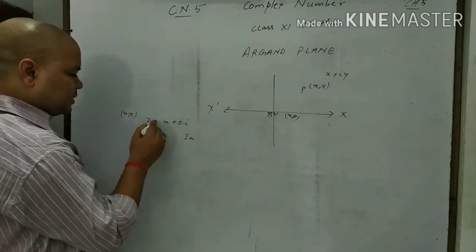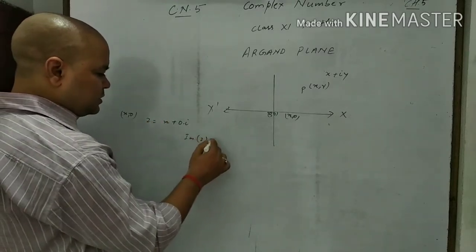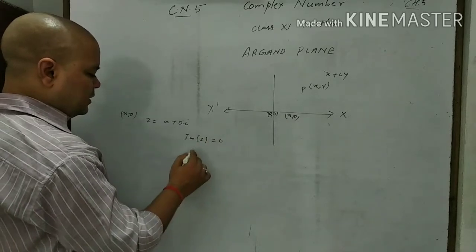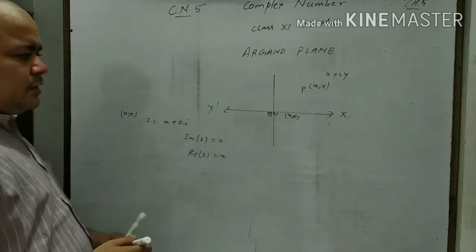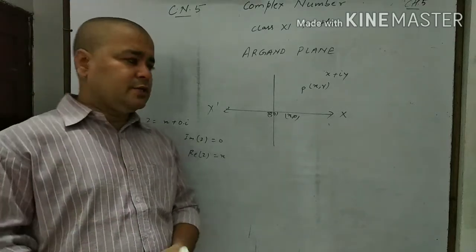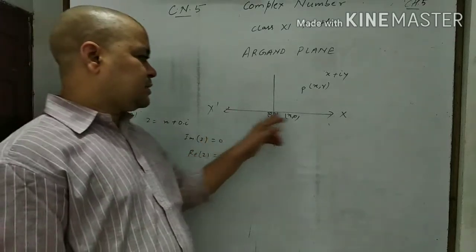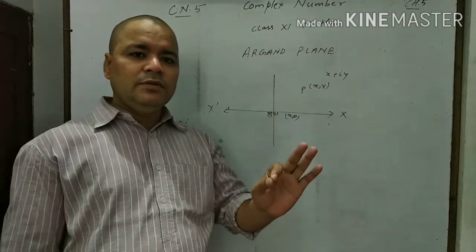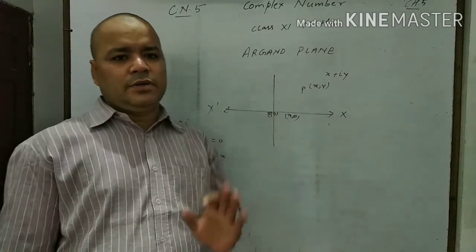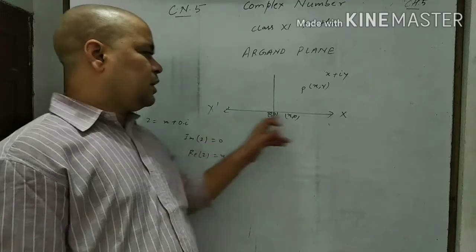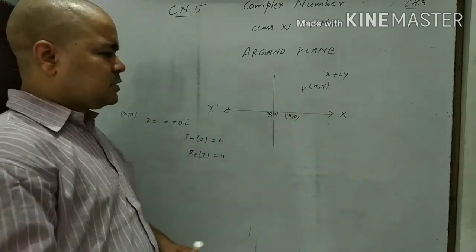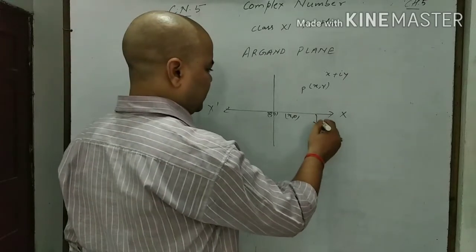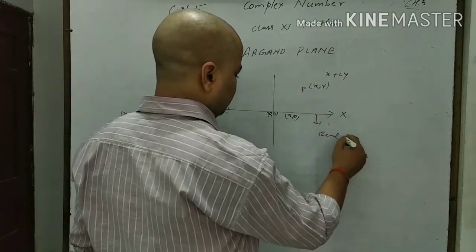Let this be the complex number z. Then the imaginary part of this is 0, and the real part of this z is x. It means all the points which lie on the x-axis are real numbers. Therefore, the x-axis of the Argand plane or complex plane is called the real axis.